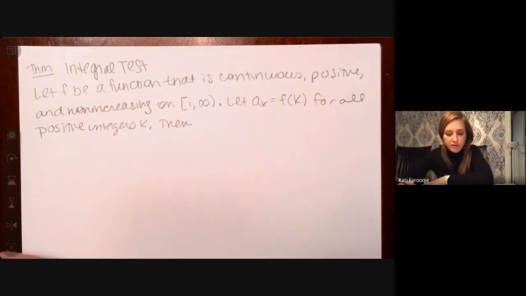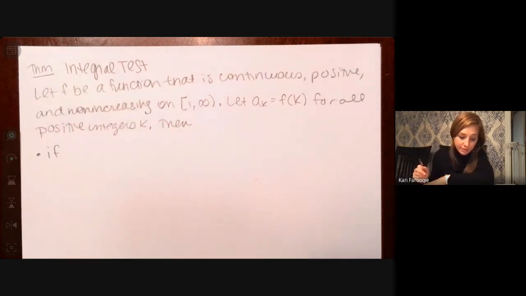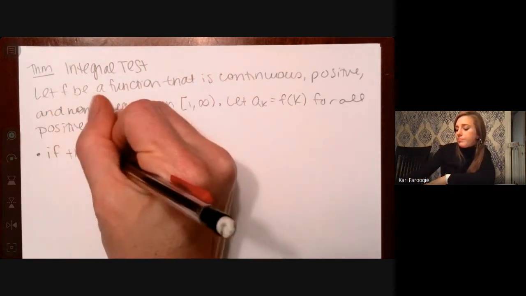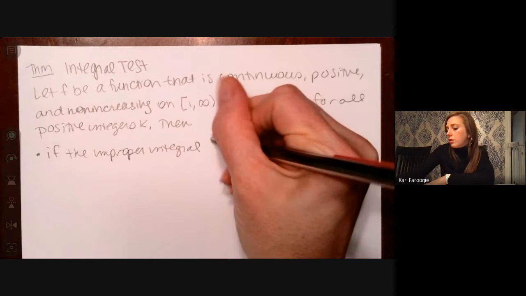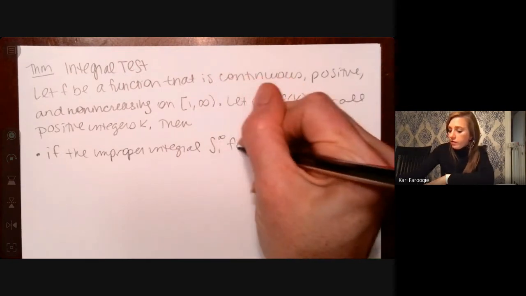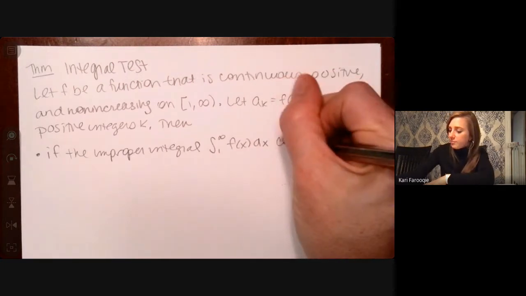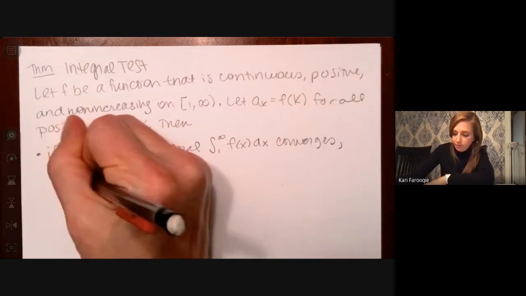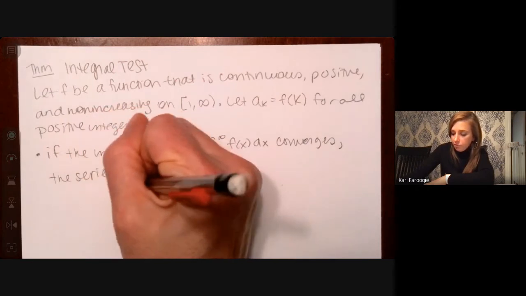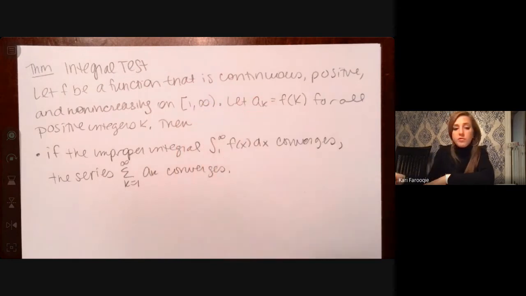All right, so here's how this is going to work. If the improper integral, I know you thought you were all done with improper integrals, but we're not. If the improper integral from 1 to infinity of f of x dx, kind of nice to see x's again, isn't it? Converges, the series from k equals 1 to infinity of a sub k converges.